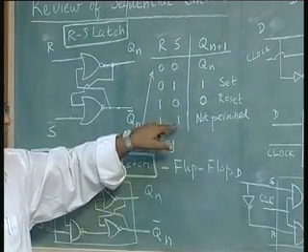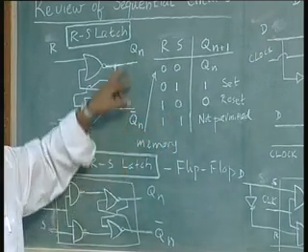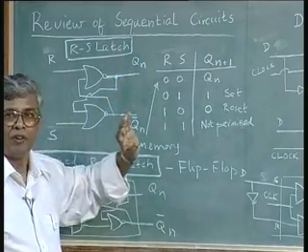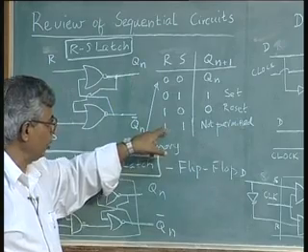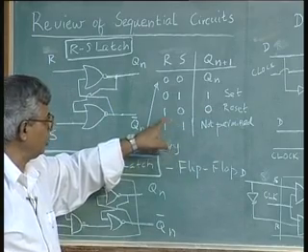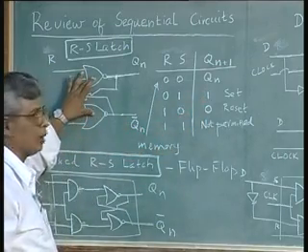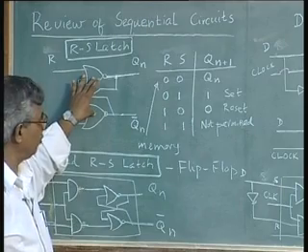First of all, 1 1 will not give you a complementary output. Q and Q bar should be complementary in a flip flop. That will not happen if you put 1 1. Second problem is, once you put a 1 1, when you remove 1 1 and put some other input, the operation is not defined. The operation is decided based on which of the 2 gates is faster, which I do not want. I do not want an unreliable operation for my flip flop.